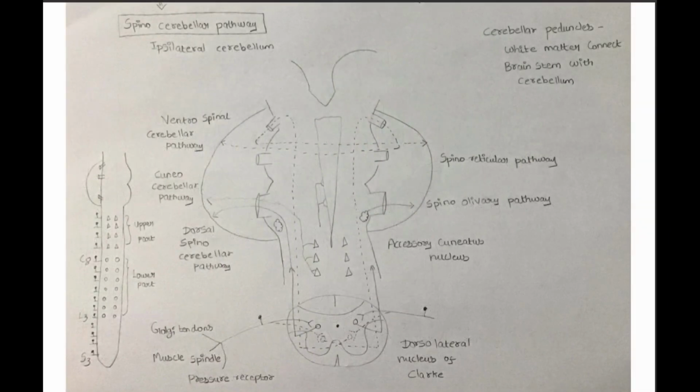In anterolateral system you have pain and temperature pathway. The sensory nerve fibers from the spinal cord will go to the cerebral cortex, and there are also sensory nerve fibers in the anterolateral system that go through the spinocerebellar pathway, that is from the spinal cord to the cerebellum.